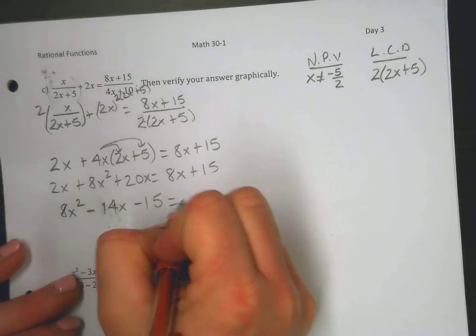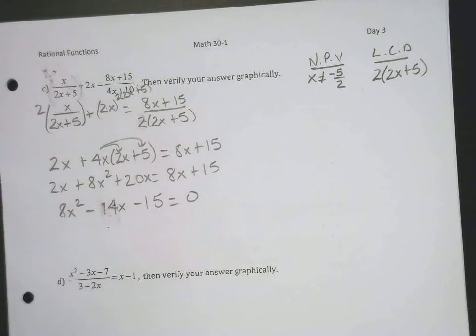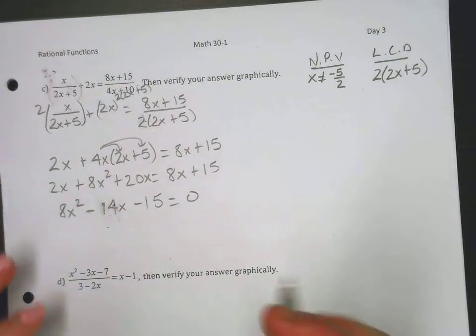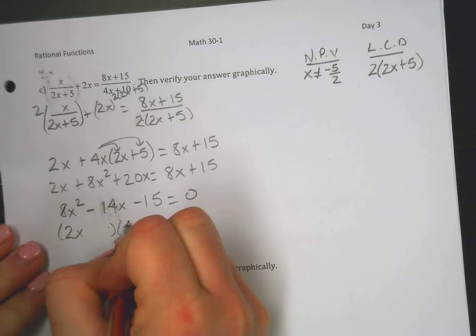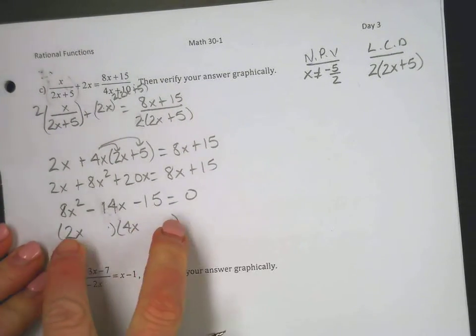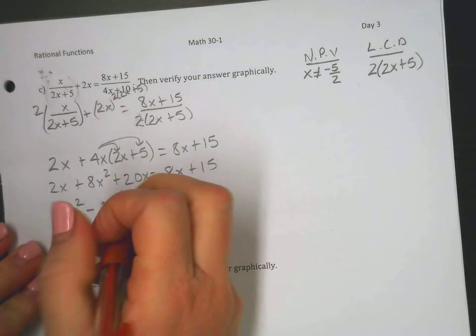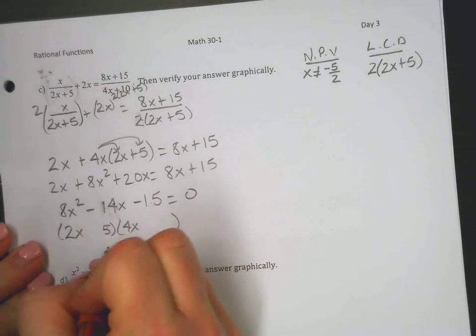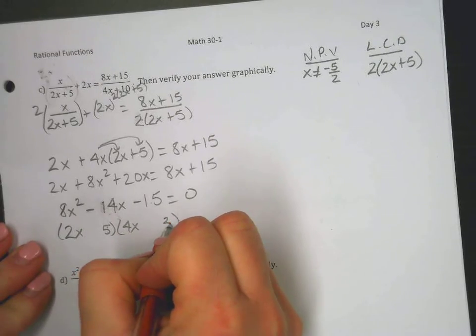And then we're going to go and factor that. So the factors of 8 and negative 15 using our lucky method, cross multiplying and dividing. A 4x. If I multiply that 4 by the factor of 5 here, I get 20. And then if I multiply the 2 by 3, I get 6. So 20 minus 6 gives me 14.